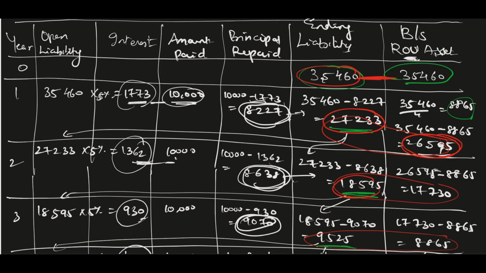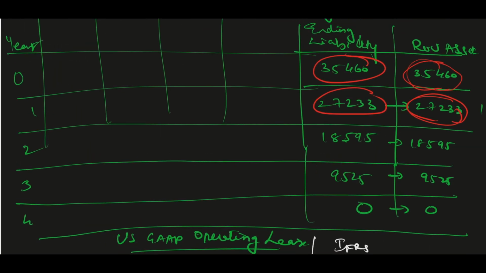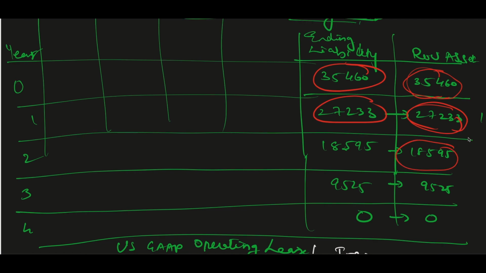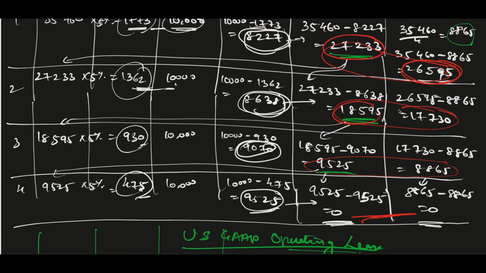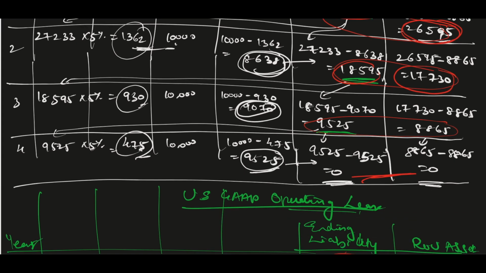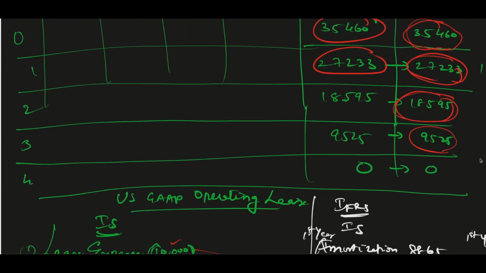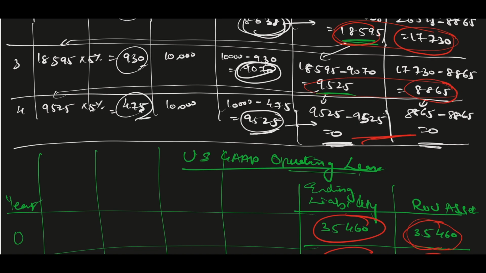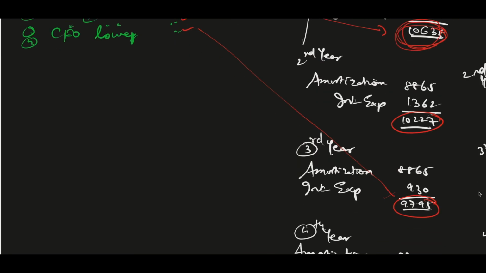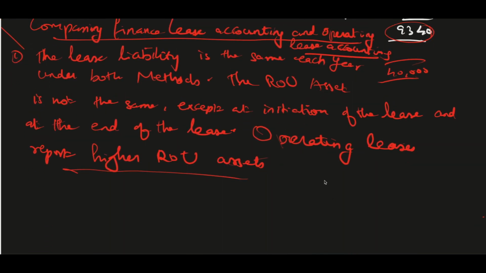So comparatively, in the operating, the asset value is higher. So here 18,595 is greater than 17,730, and 9,525 is greater than 8,865. So this is what they mean when they say operating leases report higher right of use assets.